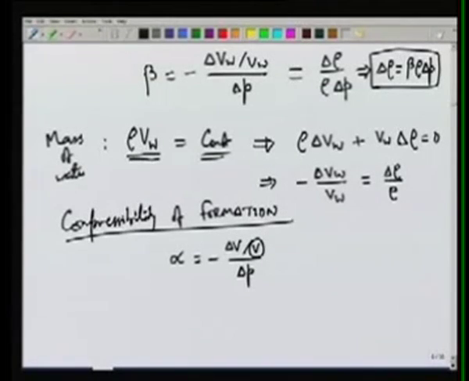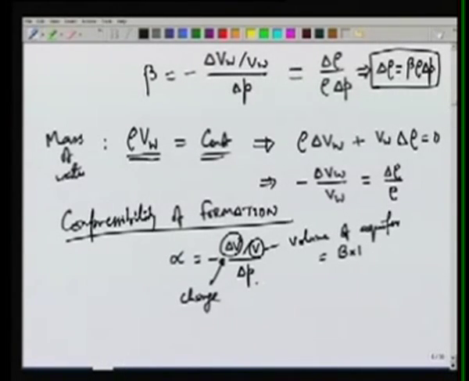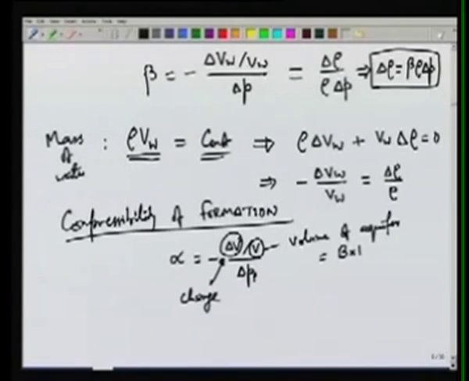So in this case, since we are taking unit area, we can say that V will be equal to B into 1, and delta V is the change in V. Delta P is the pressure, but since we are using P as a symbol for the pressure in the water, we can use a different symbol here, and we can write PF as delta P in the formation.